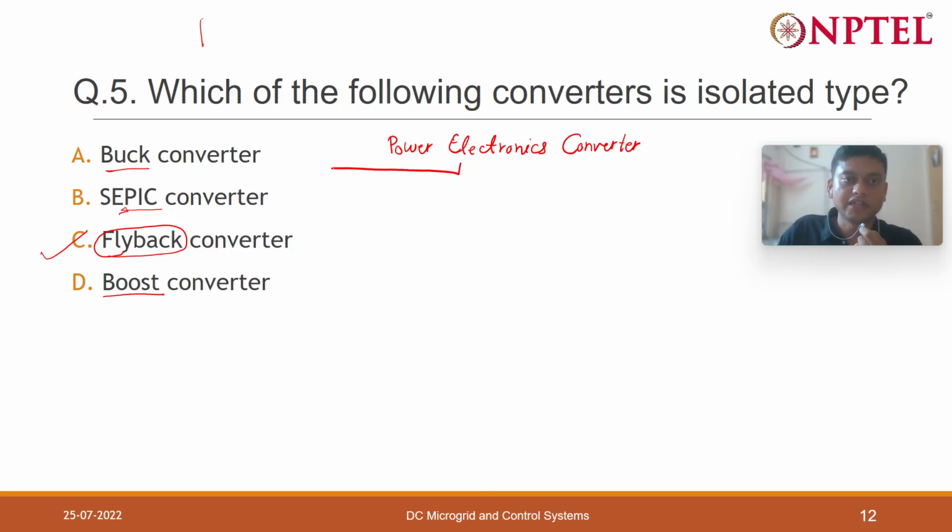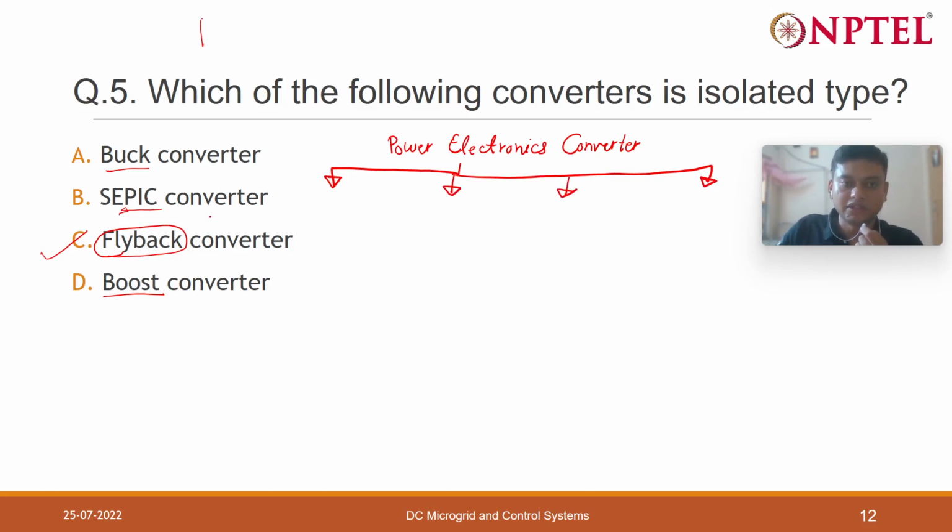If you categorize, mainly we have DC-AC systems, so either input is DC or AC, and based on that, output is either DC or AC. So based on this we have four types of converter.